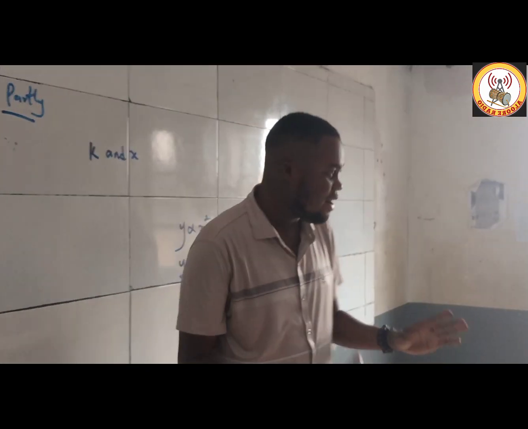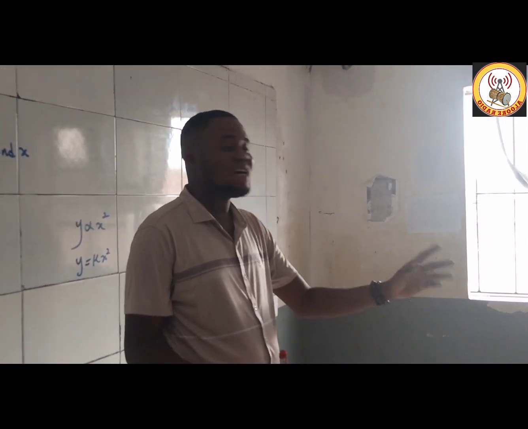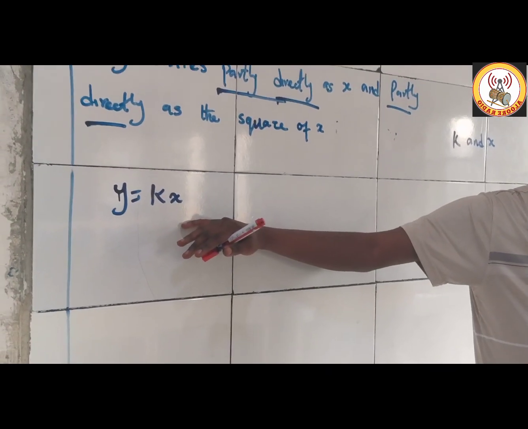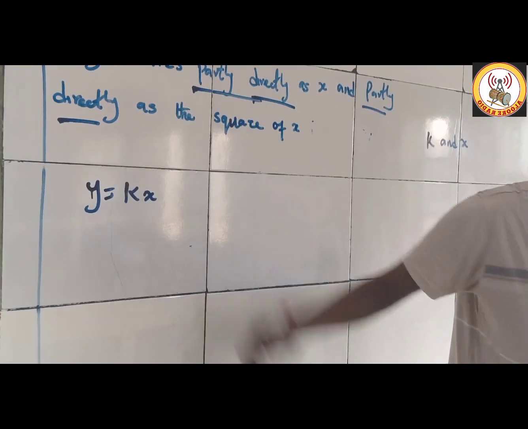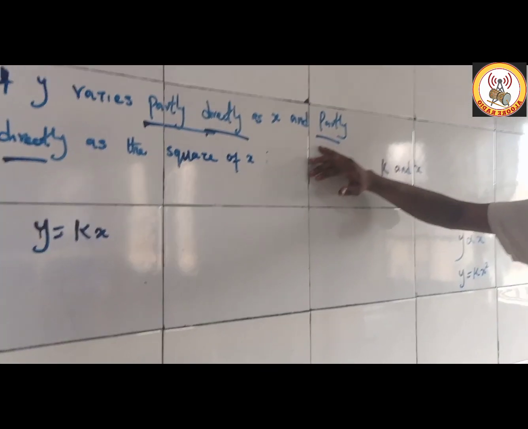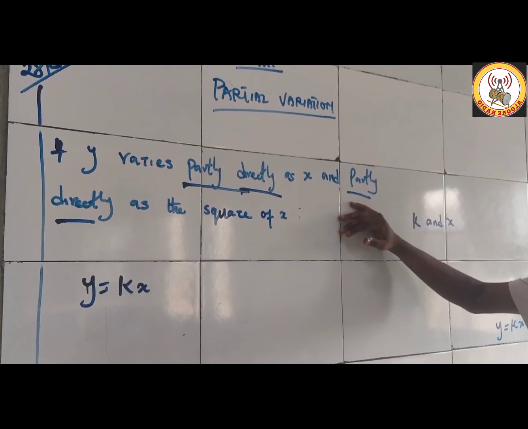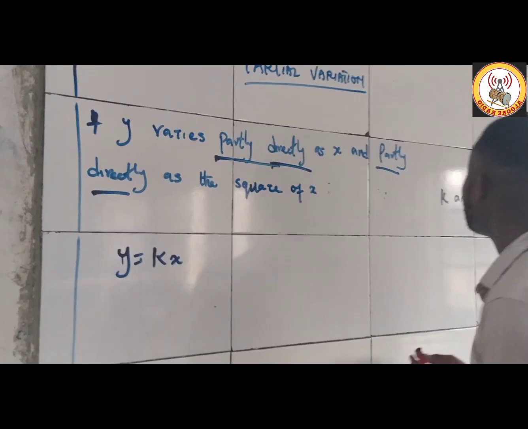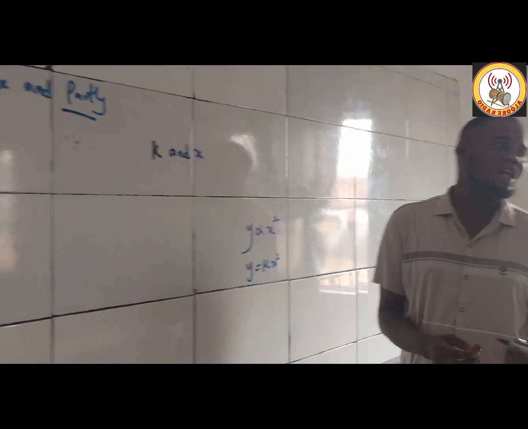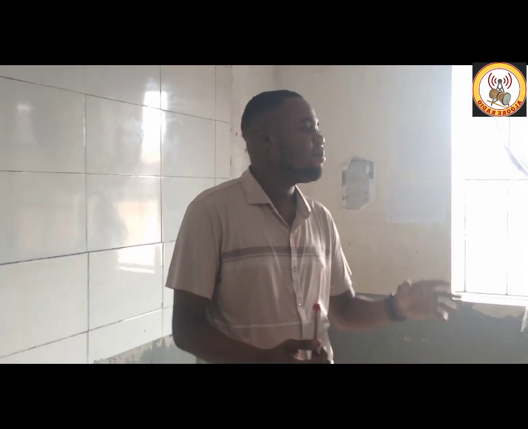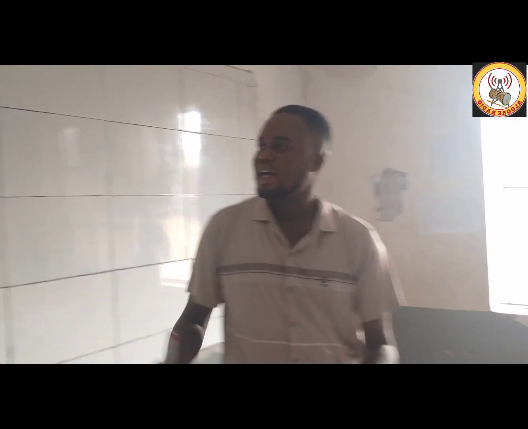We've gotten our first direct value: partly direct as x, abi? Now, the second one is partly directly as the square of x. Now we are still going to do the same thing. So now if they say y is directly proportional or varies directly as the square of x, how do we write that? Let's take that.